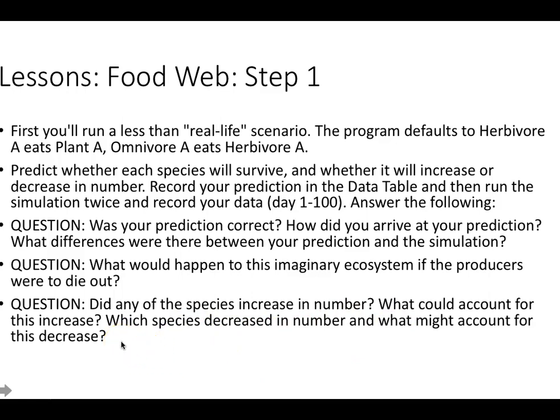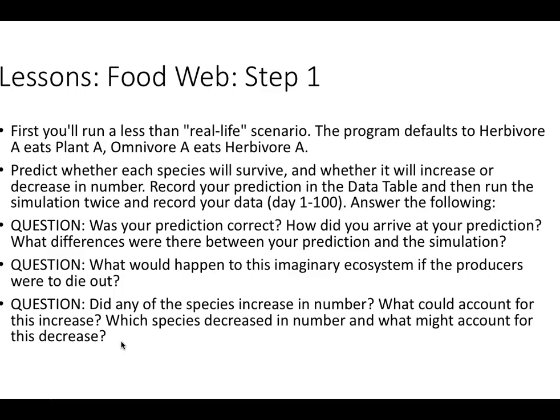I'll give you an example. If you have a rabbit that is eating a plant, the plant population is going to go down as the rabbit population explodes. You've got more bunnies, but more bunnies means they're going to need more plant A. So then plant A starts to die out, and then the bunnies starve and their numbers go down.